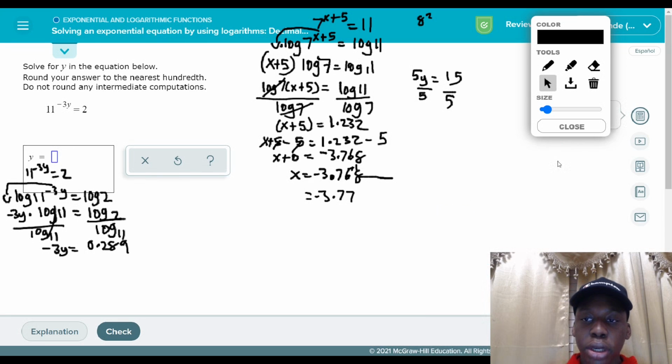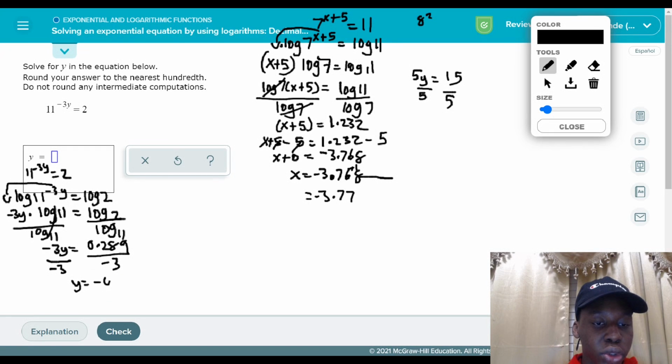Okay, so when we divide both sides by -3, y equals minus 0.096, then 3 and whatever.